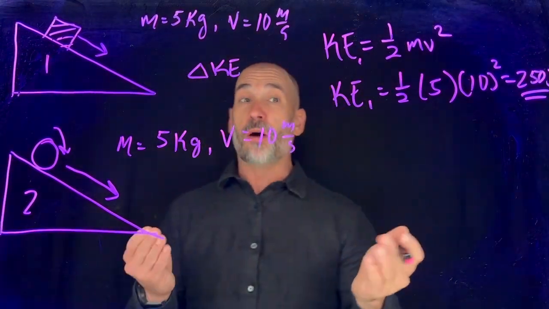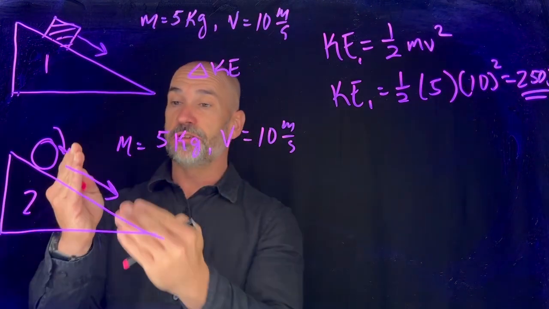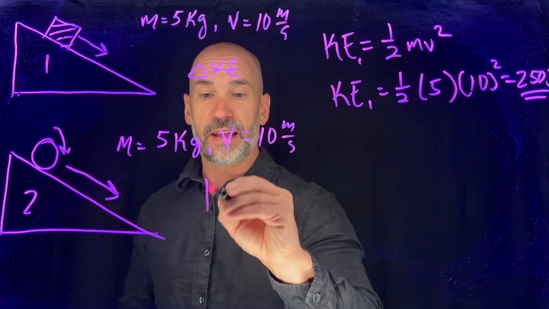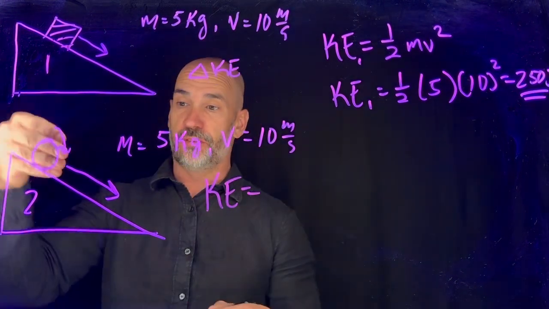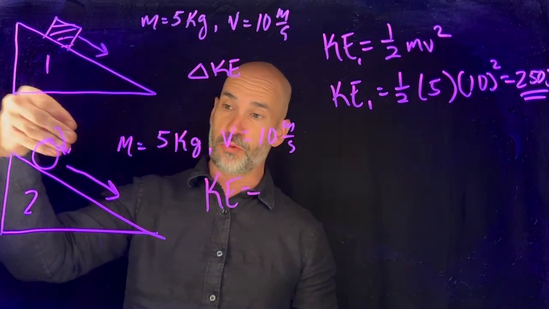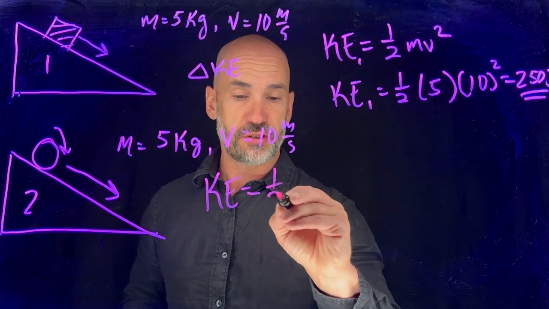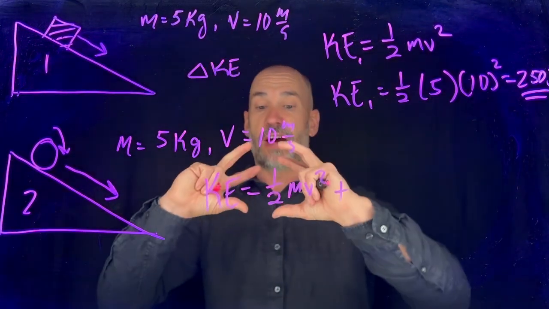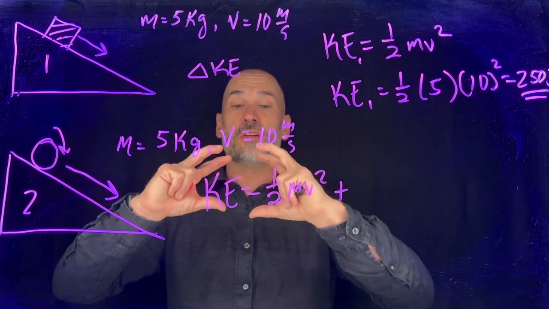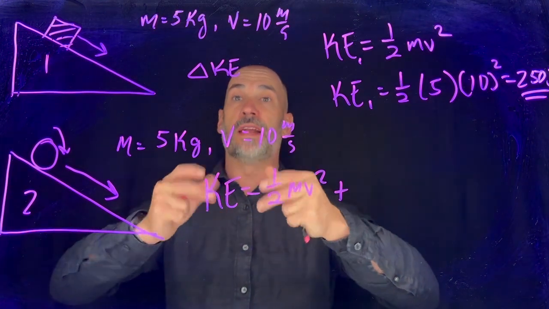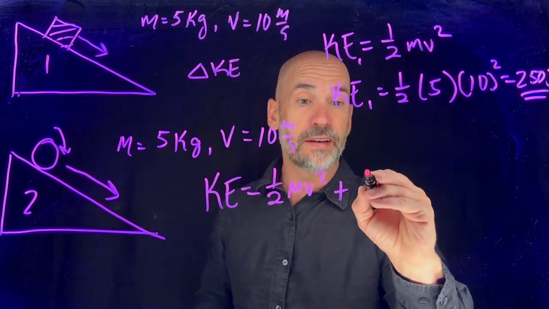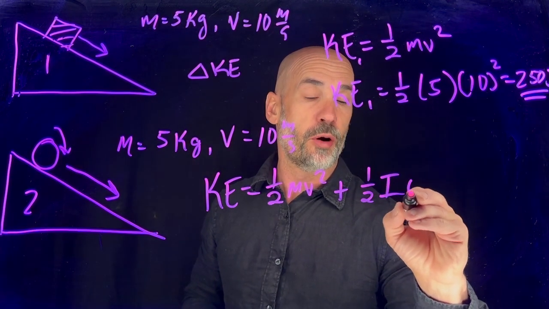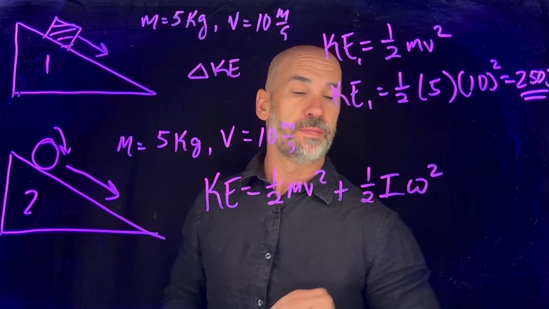So now let's compare that to this almost identical situation of a ball, but now it's rolling, right? And so we remember that rolling is a mixture of translational movement, right? It's actually moving in this direction. So that's straight up 1/2 mv squared, right? But there's also the kinetic energy of the fact that all the molecules in the ball itself are rotating around in axes, right? And that kinetic energy is equal to 1/2 moment of inertia times omega angular velocity squared.